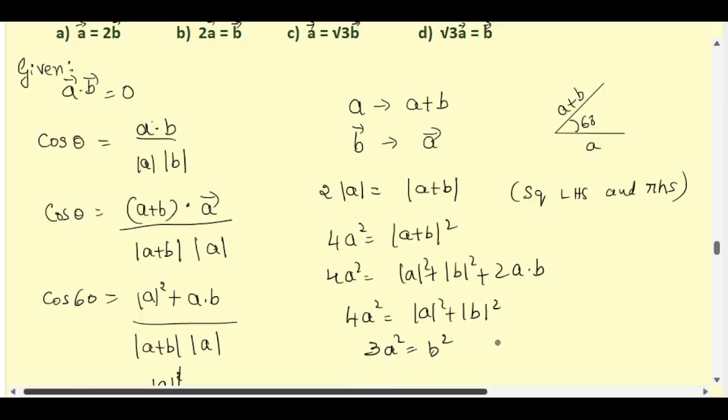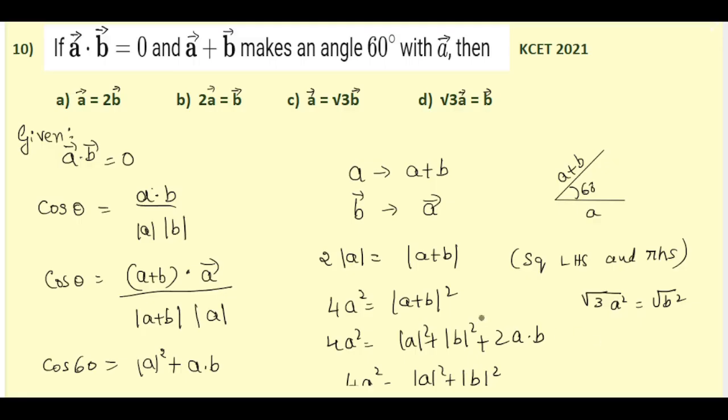Now we can take root on both sides. Taking root on both sides, we get root 3A square equal to root B square, or root 3 A equal to B. So option D is the right answer.